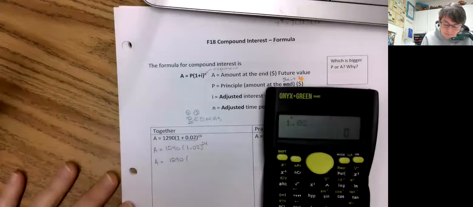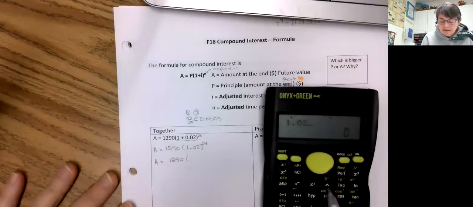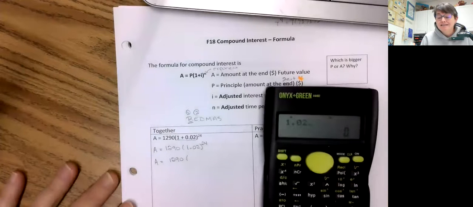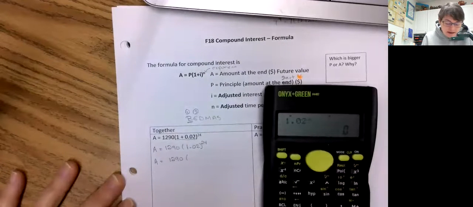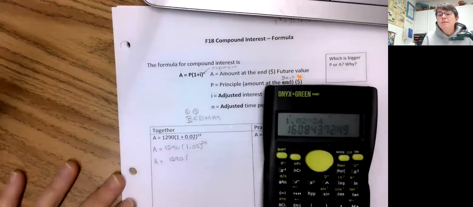So 1.02. And now, on this calculator, it has this little thing called a caret. It kind of looks like a tent, and it makes that sign there. Then I type in 24, and that gives me the number I need.